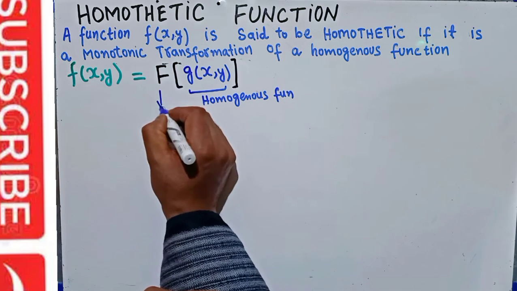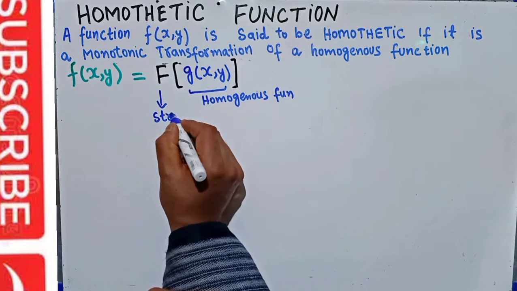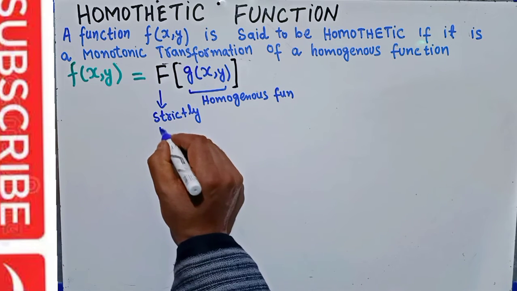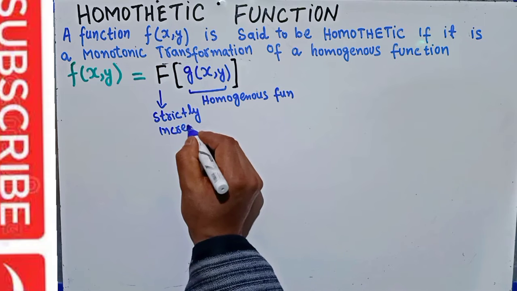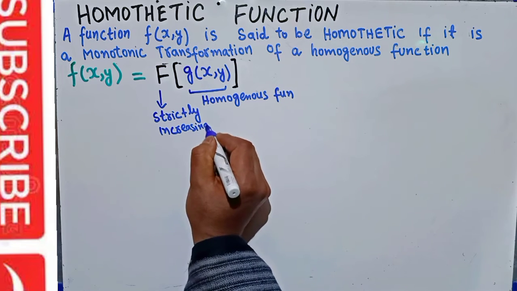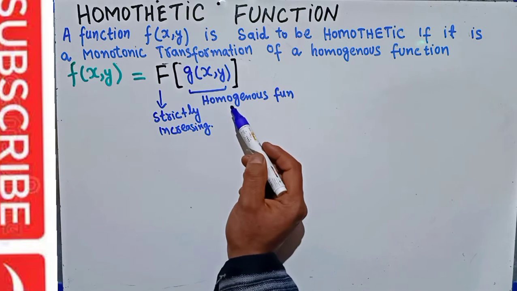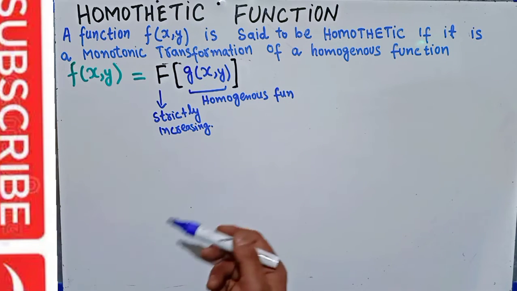That is, one function is what we call strictly increasing. This capital F is a strictly increasing function, what we call the monotonic transformation. And we have another function which is homogeneous. Let me repeat it again.